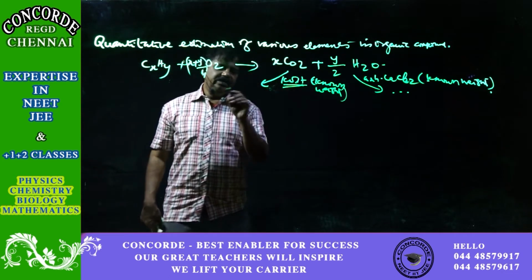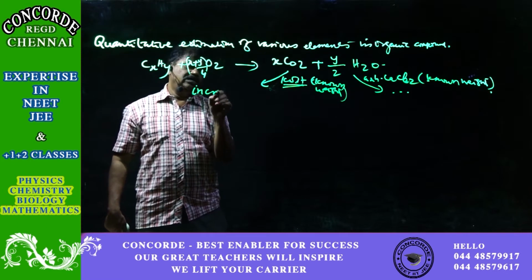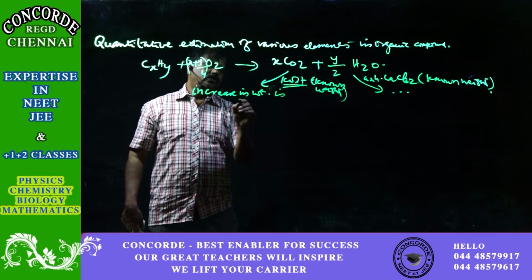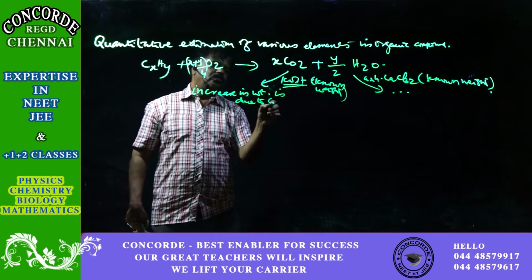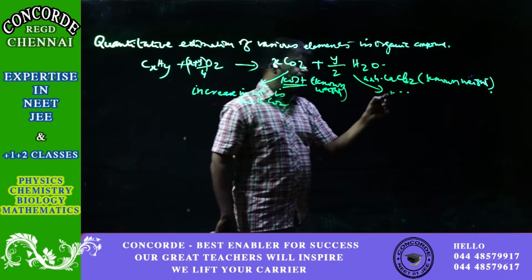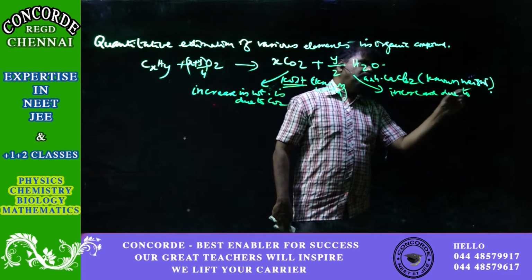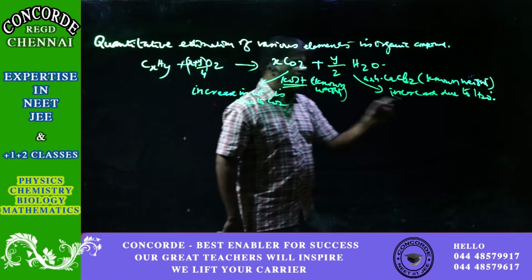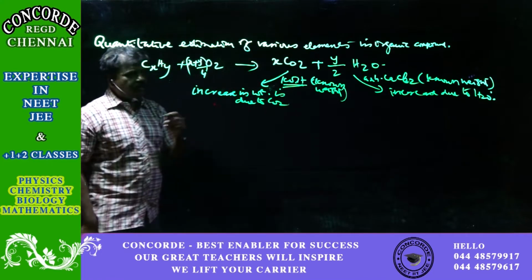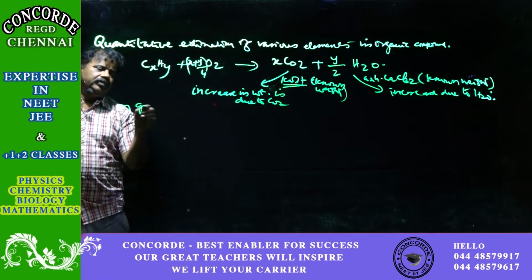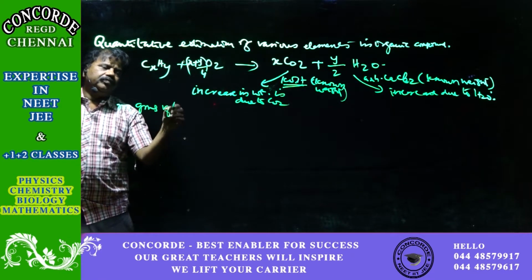So, the increase in weight here is due to CO2, and the increase in weight there is due to water. So from the water and CO2 we can find out the quantities, say in case there are m grams of the compound.